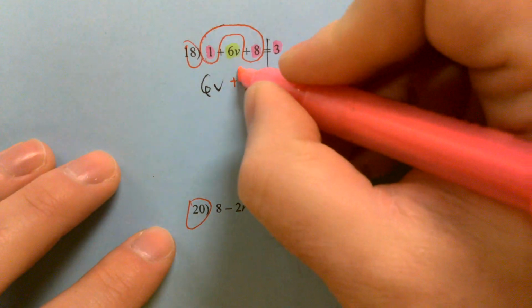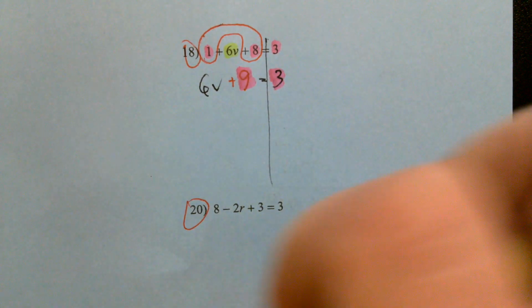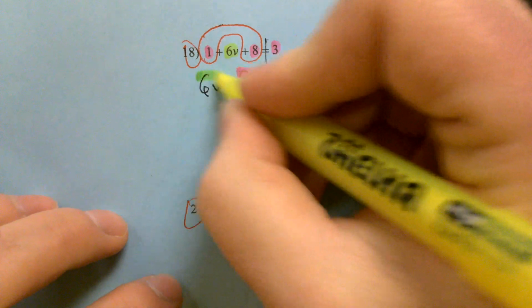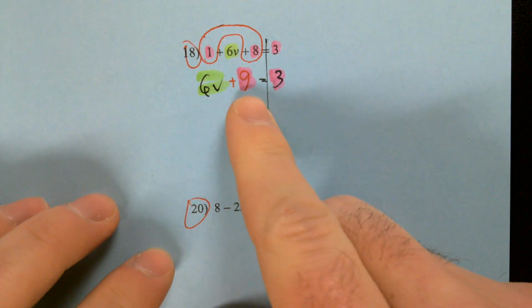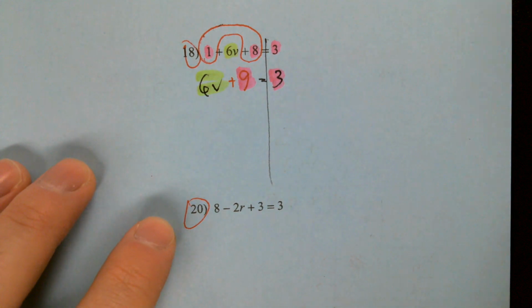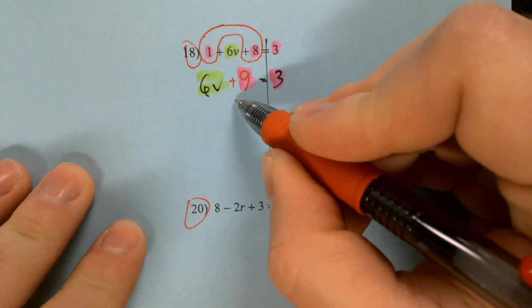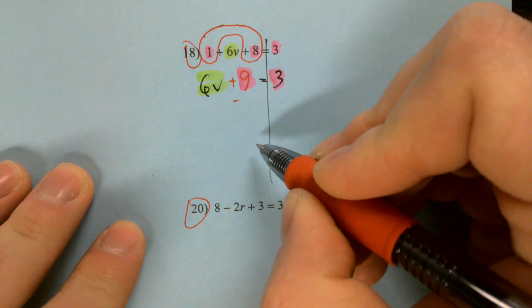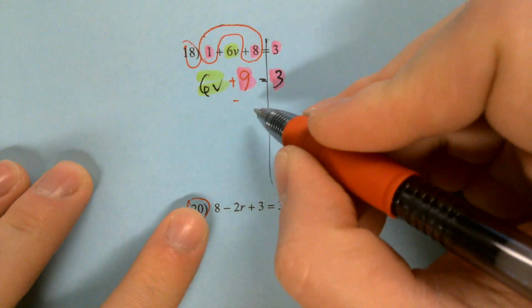Got 6v plus 9 equals 3 now. Now that those pink terms have been combined, I'm going to bring that plus 9 over to the right. What's the inverse of plus 9? -9, right? -9.